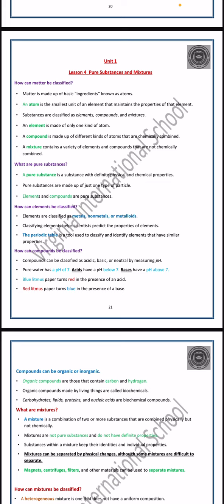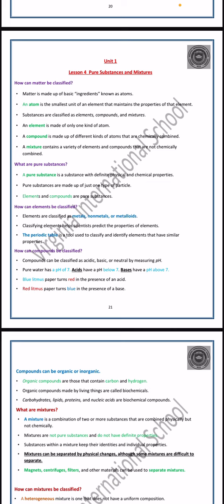Okay, so a pure substance is a substance which has a definite physical and chemical property. A pure substance is made up of just one type of particle. It's only made up of one matter.